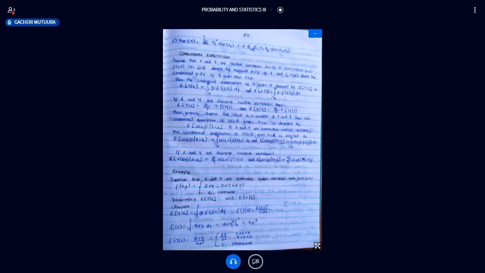So I want us to introduce the concept of conditional expectation and the conditional variance. Conditional expectation is similar to the conditional distribution that we dealt with, but now here we have the expected value of, say, y given x, or the expected value of x given y. Now here the catch is usually very simple.